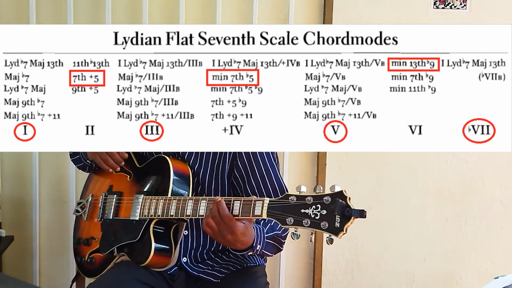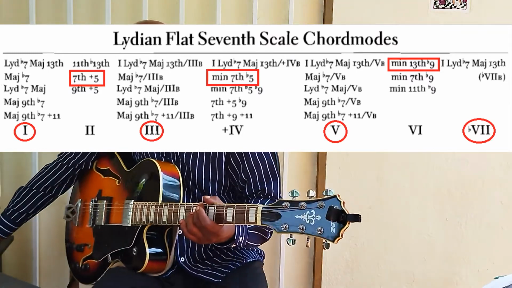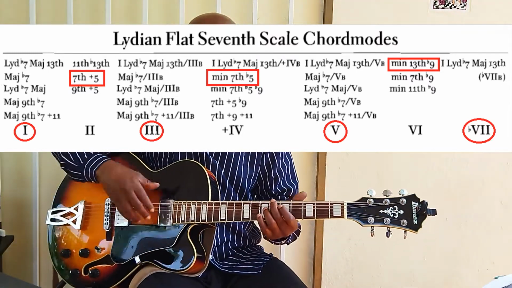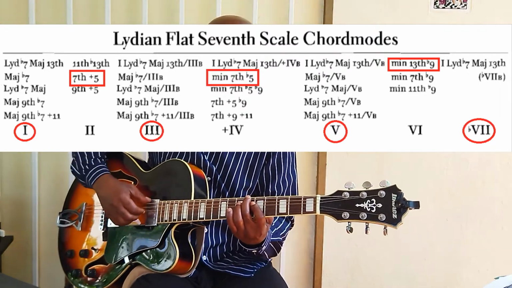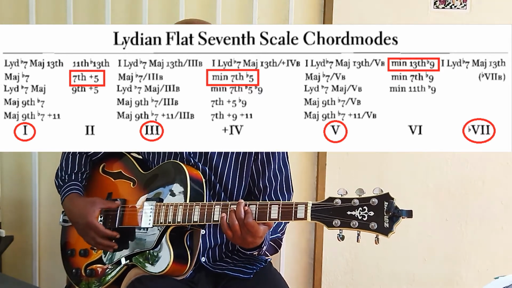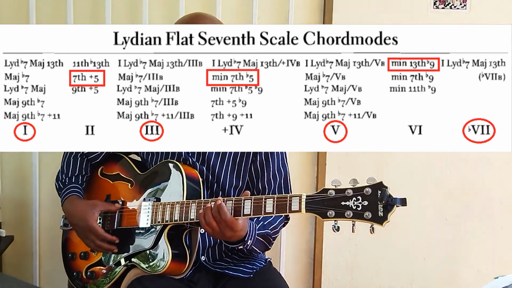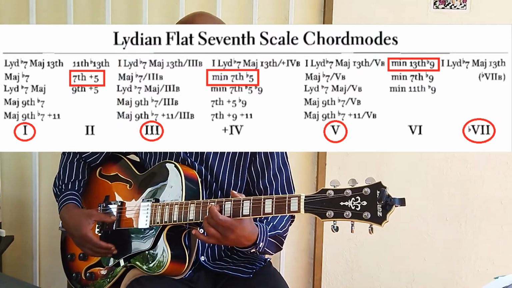Then the 7th degree, so here we have B flat at the bass. Now the scale, the B flat, flat 7.